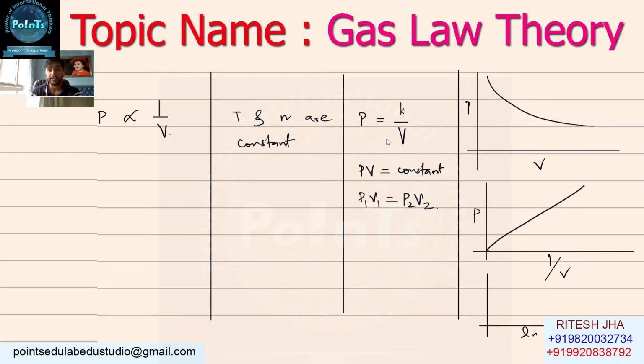When you plot ln P versus ln V, that also gives you a straight line, not this kind of straight line. ln P is equal to ln K minus ln V, so it will be like this. This kind of graph you will be getting.